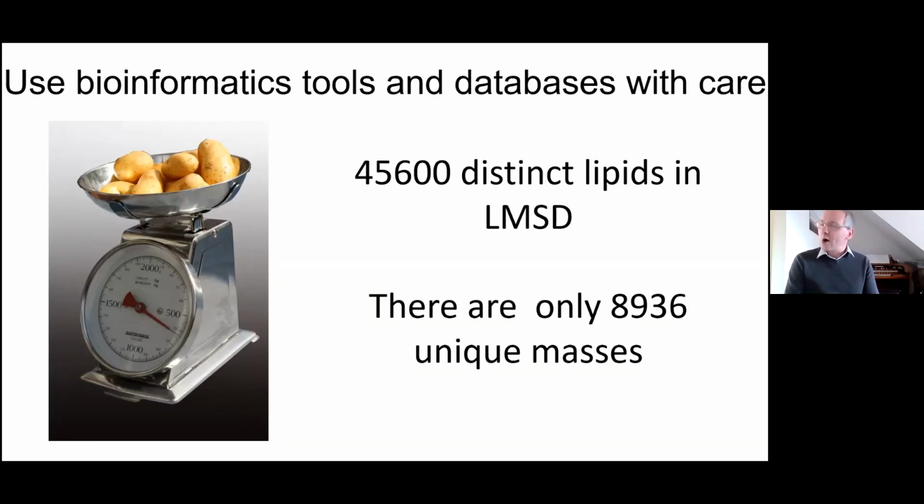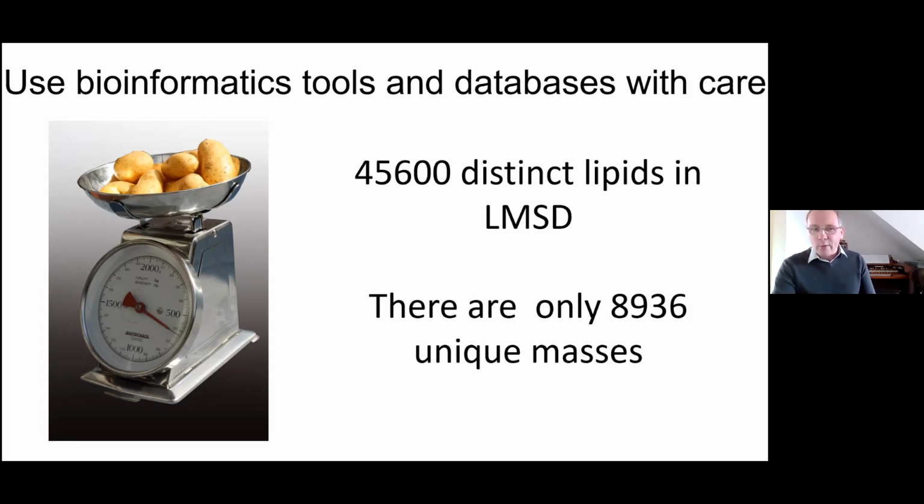So every mass on average has 5 lipids attached to it. And over the course of this week, we've heard time and time again that you need to have more information than a mass to characterize a lipid. And hopefully you all know that, and that's a message you've very definitely gone home with.